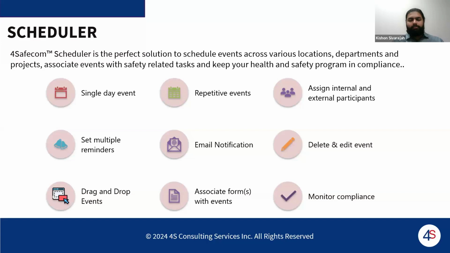So you will be able to choose the required form that needs to be filled out and send it as an email along with the schedule that is created. This way you will be able to avoid employees having to go in and search for the inspection form on ForSafeCom. It's there in their email. They just have to click and then fill out the information.